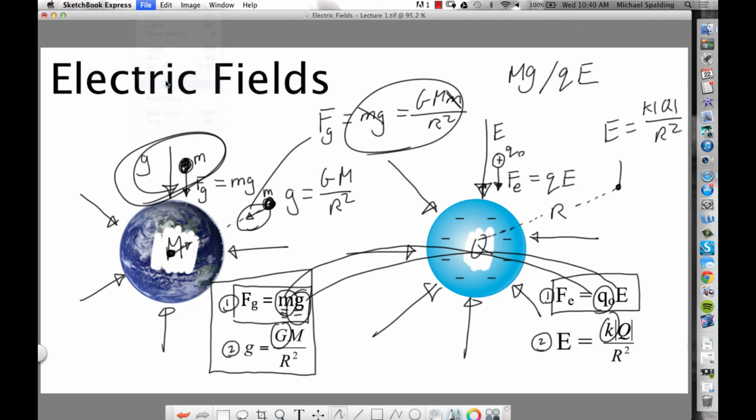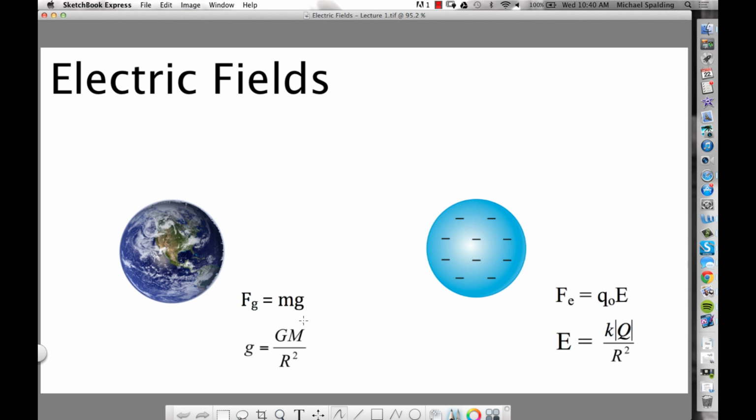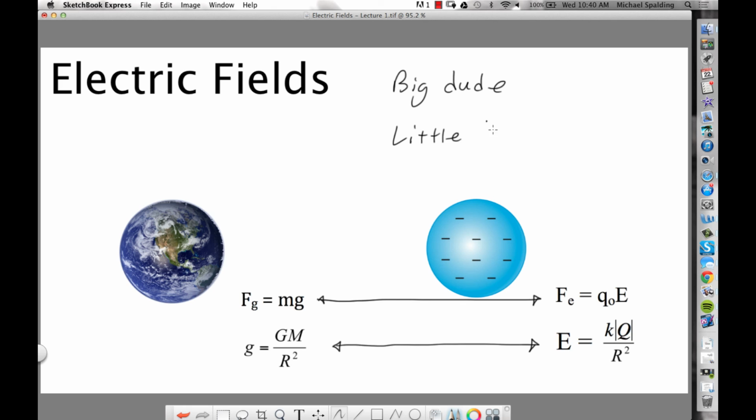Okay, so let me clean this up. These two equations are identical. One's for mass, the other one's for charge. And then these two equations are identical. Now notice I was saying big guy, little guy. In this class I talk about big dude and little dude. The College Board will not use that terminology. They're not going to say, hey bro, the big dude has a charge of 8 microcoulombs.